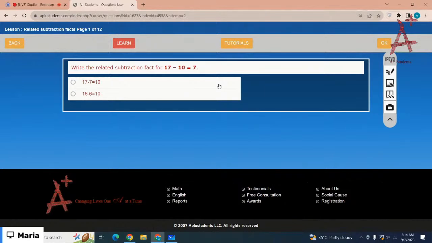So which is the correct option? Yes, you have to swap these numbers 10 and 7, right? The numbers must be same. So here you have the numbers are exactly 17, 10 and 7. Just the position of 10 and 7 is changed, right? So option number 1 is the correct option.